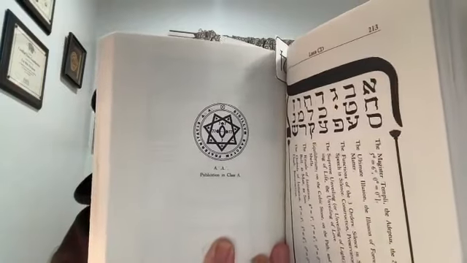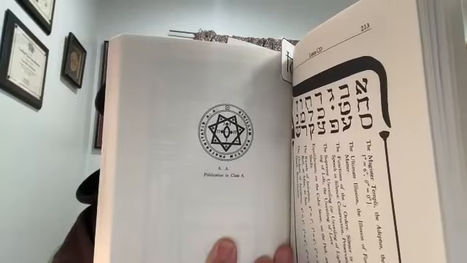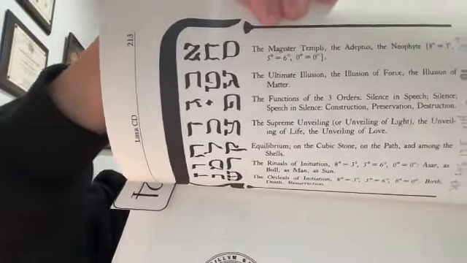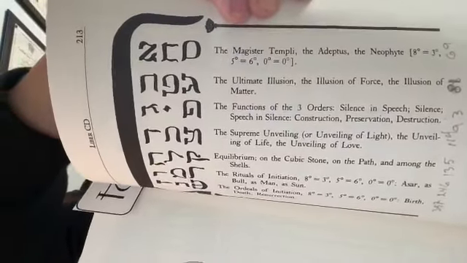So the one there on the far right would be Aleph, Chet, Samek. And then there is a little comment on each one of those.